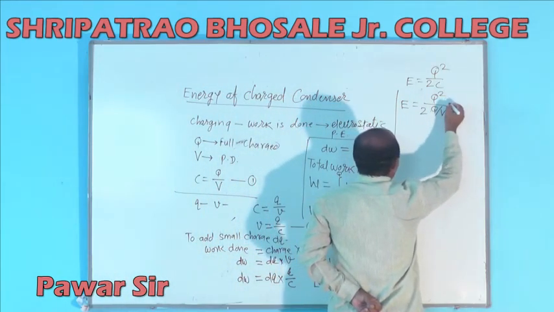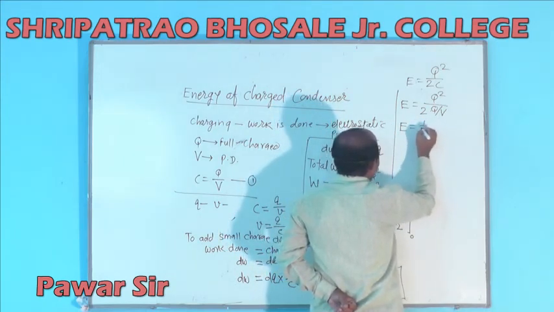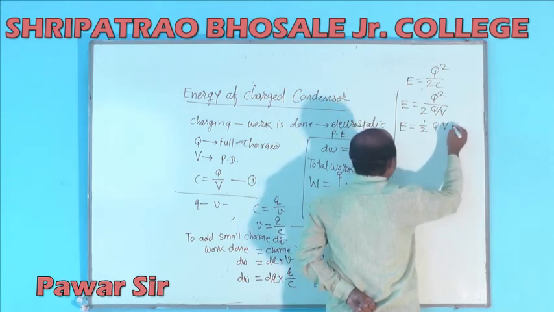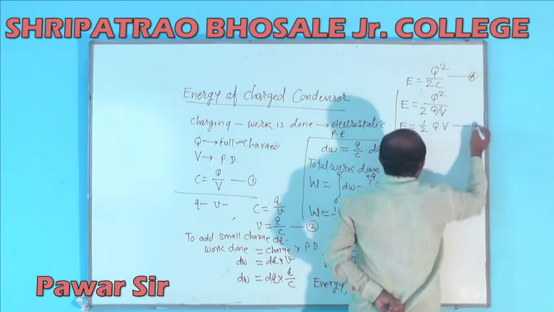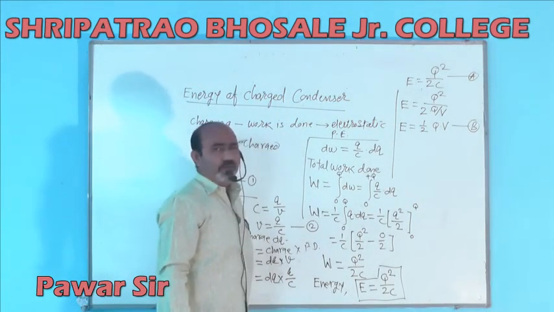We can write E is equal to half Q into V. So this is second form, and the first form is Q square divided by 2C.